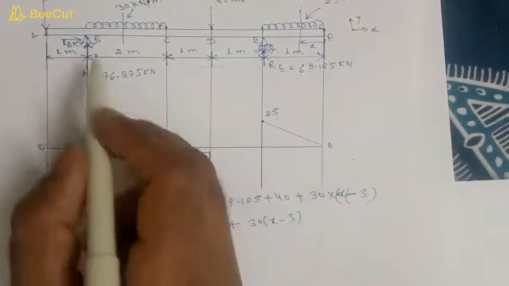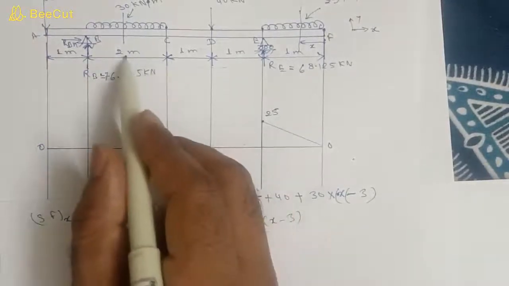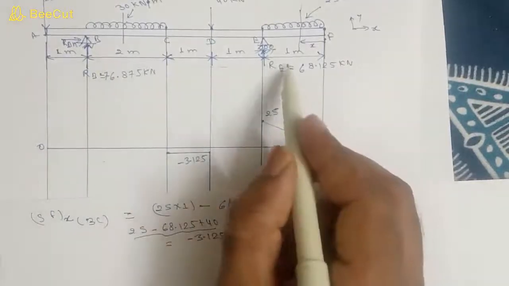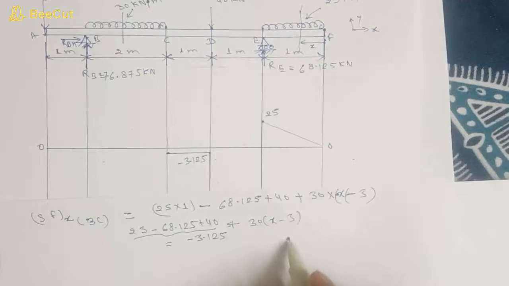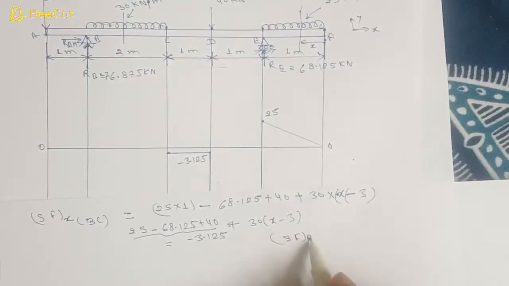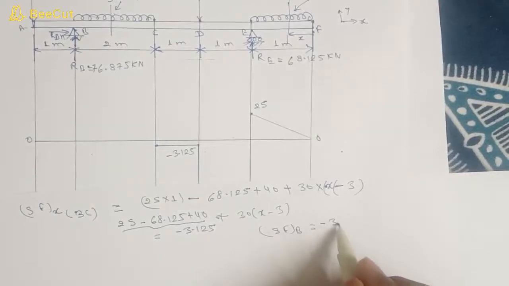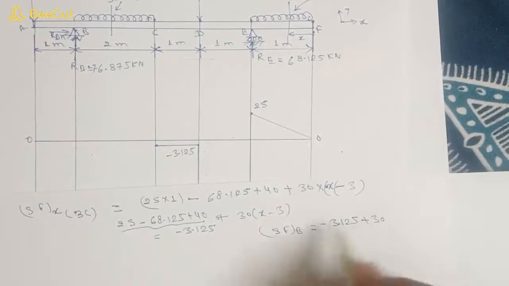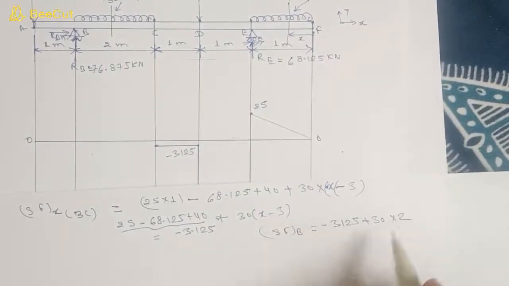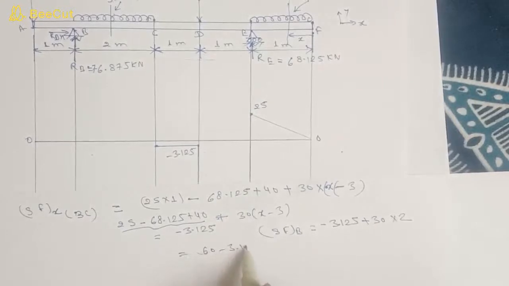Now if we want to calculate the shear force at point B, x will become 1 plus 1 plus 1 plus 2, which is 5. So shear force at B is equal to minus 3.125 plus 30 into 5 minus 3, which is 2. So it will become 60 minus 3.125.